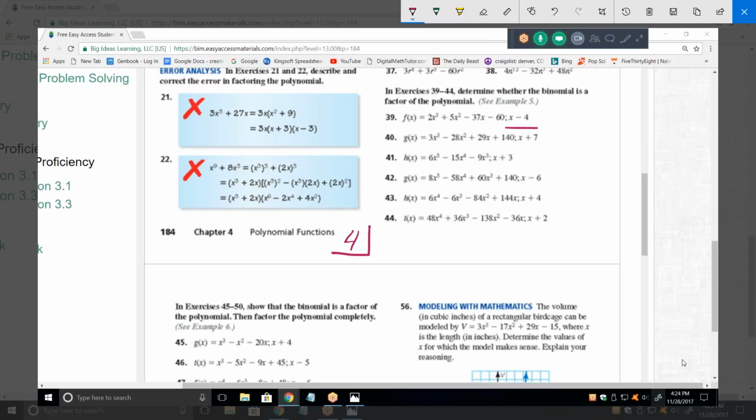Goes across the top. 2, 5, 0. No? Oh, oops. Negative 37 then.